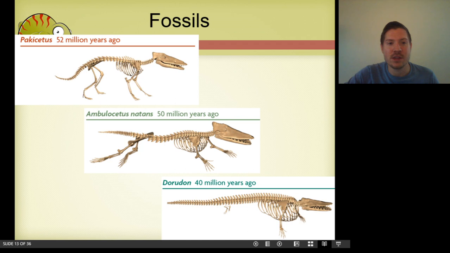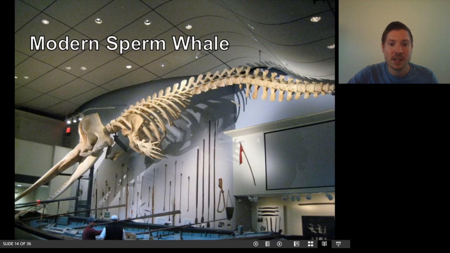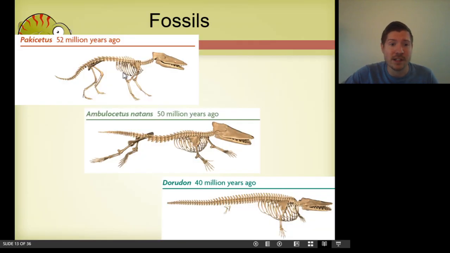And these fossils actually show us some of the evolutionary past of sperm whales. Sperm whales, along with all whales and dolphins, evolved from these land-walking ancestors.